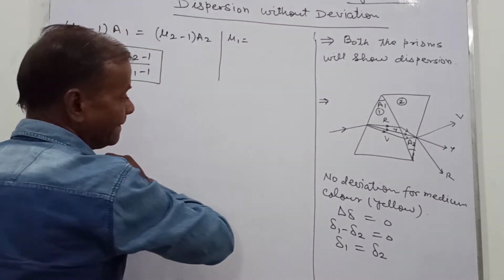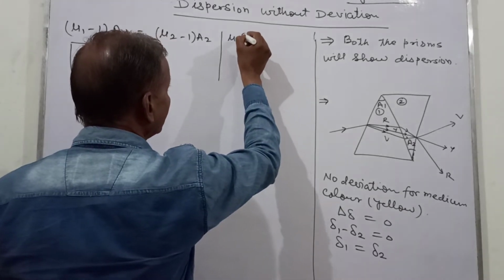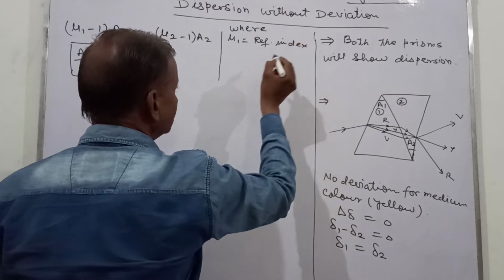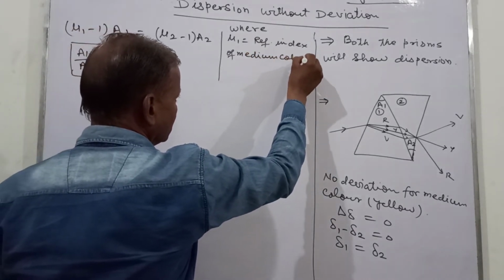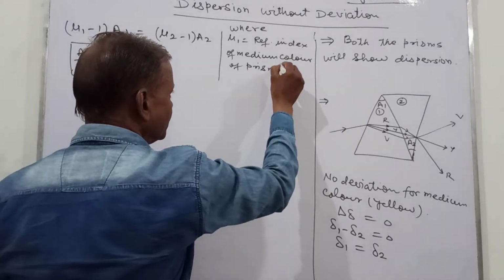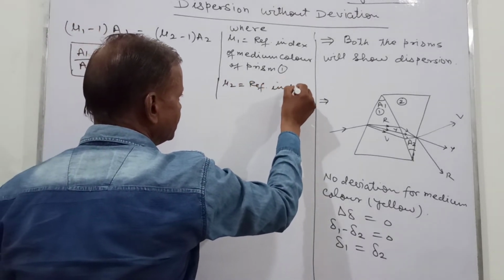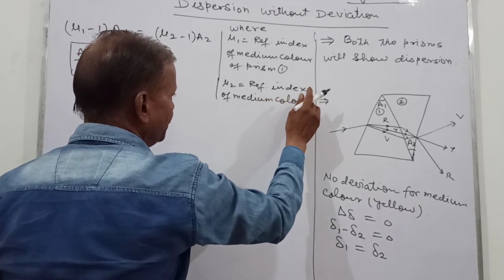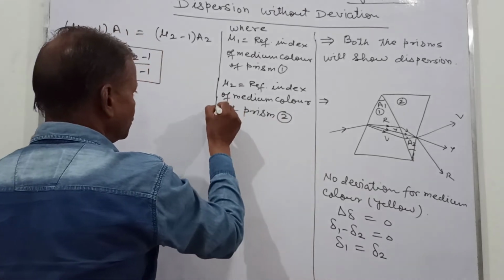Mu1 is the refractive index for medium color of prism 1, and mu2 is the refractive index of medium color of prism 2.